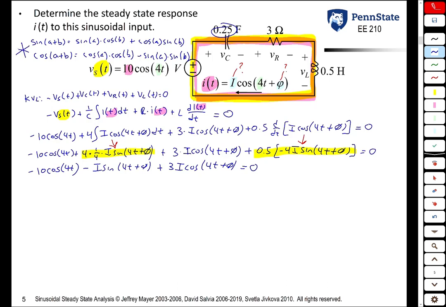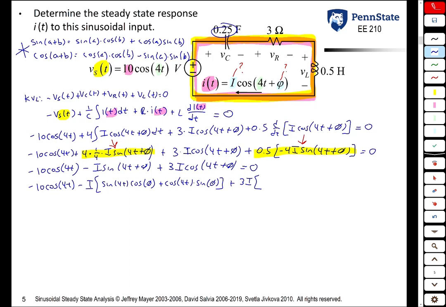Now we're going to use these two trig identities here. First term unchanged, minus I sine of 4t plus phi is sine of 4t cosine of phi plus cosine of 4t times sine of phi. So it's sine of 4t cosine of phi plus cosine of 4t times sine of phi. 3I cosine of 4t plus phi becomes 3I.